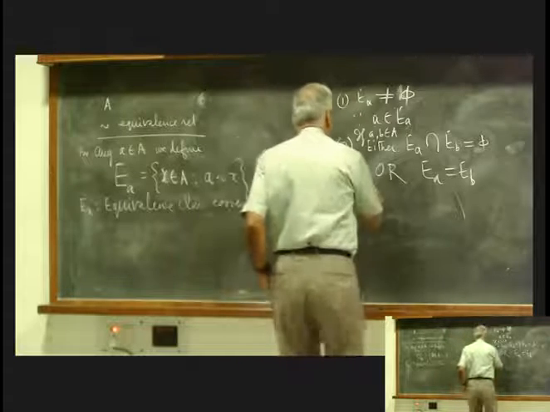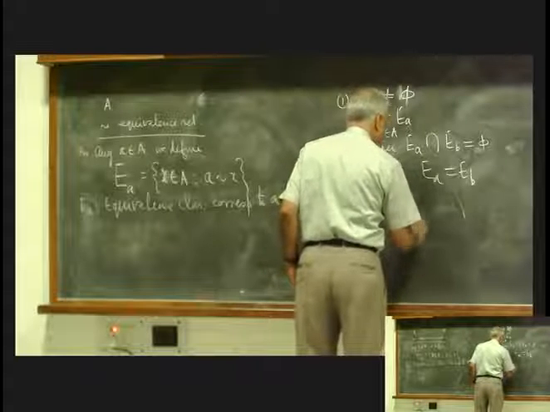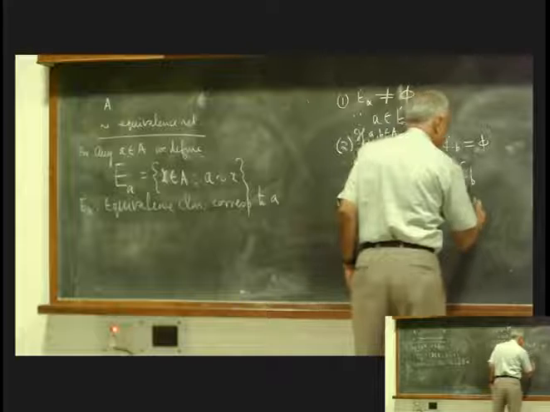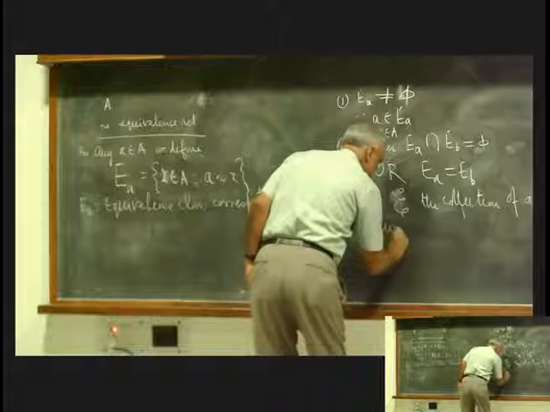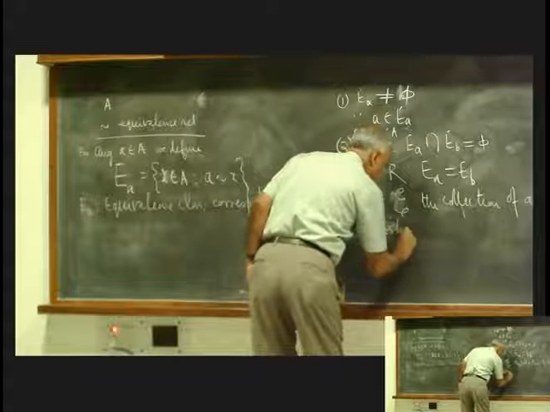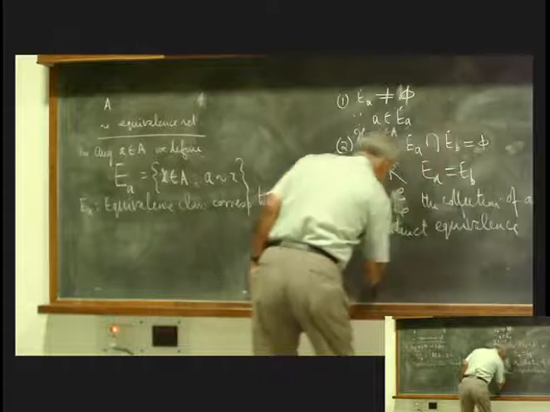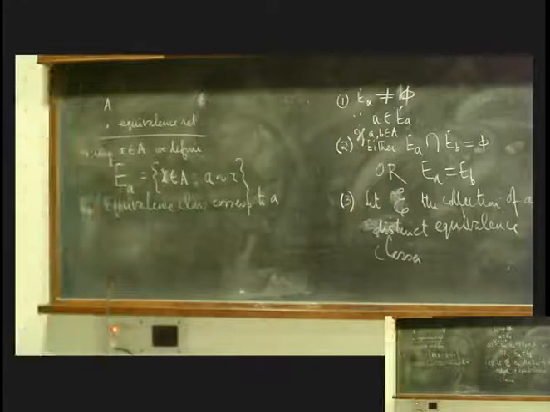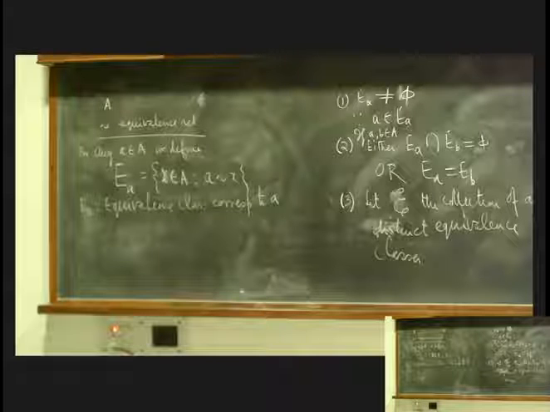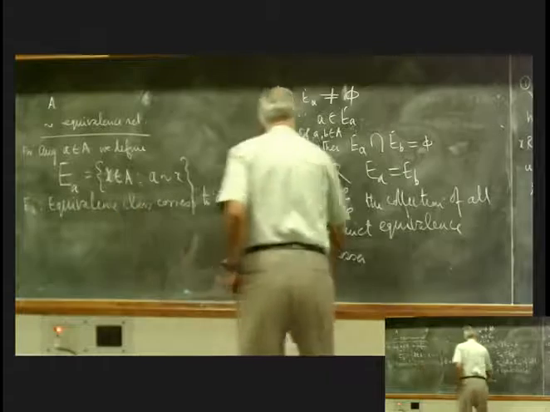So let E be the collection of all distinct equivalence classes. Only the distinct fellows I take. I take an element, take its equivalence class. I take the next element; if its equivalence class is the same, I throw it out. I take the next one, and so on. So I take all the distinct equivalence classes.